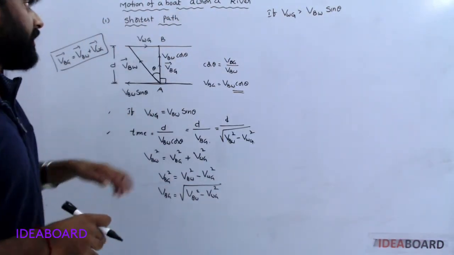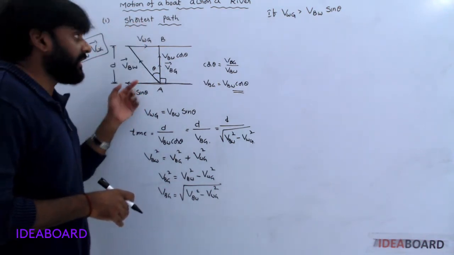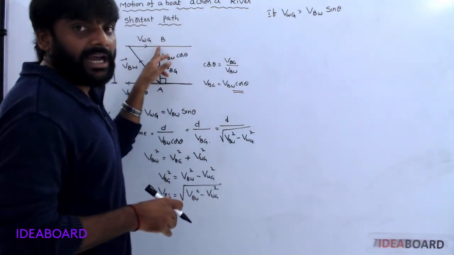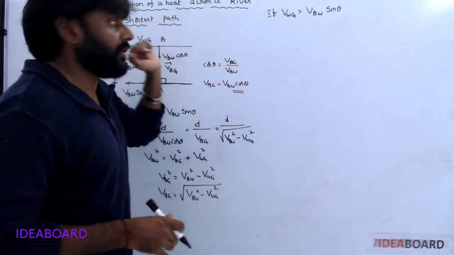Okay. So in this case, water velocity is more compared to this velocity. Due to that, the boat does not reach the exactly opposite point. It is drifted. Understood? Okay.